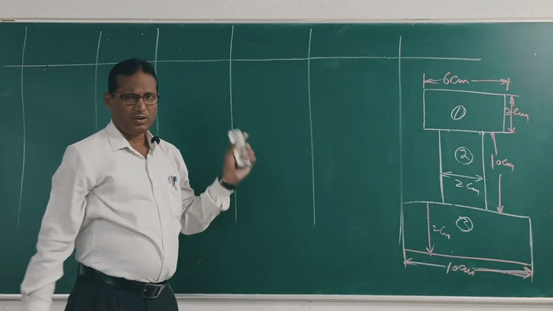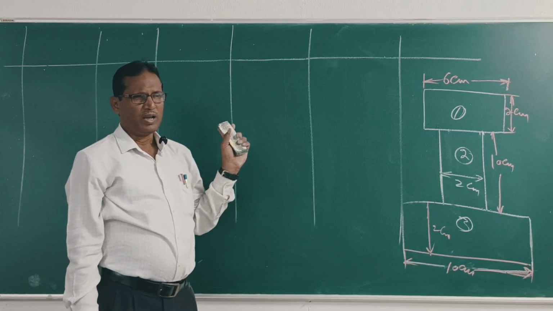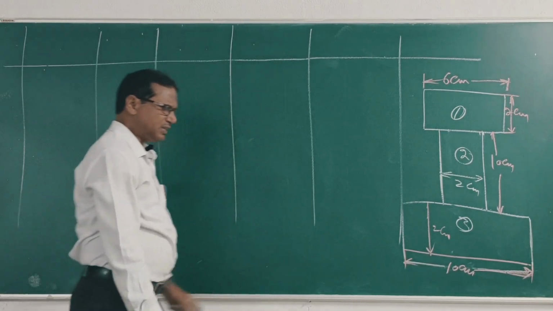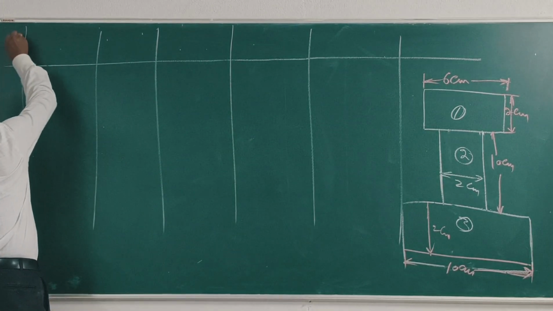Draw a table to find out I and Y. This is serial number, section.